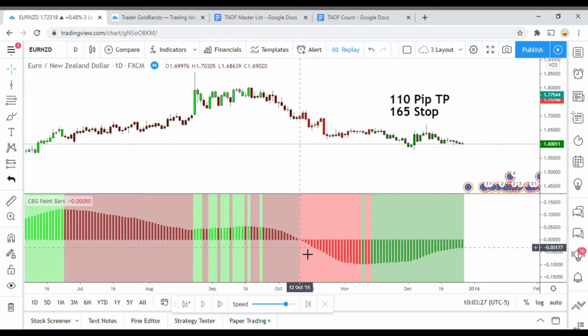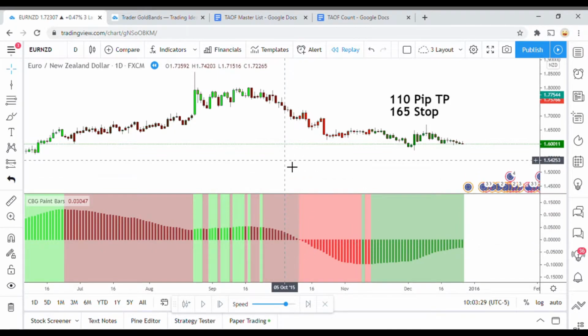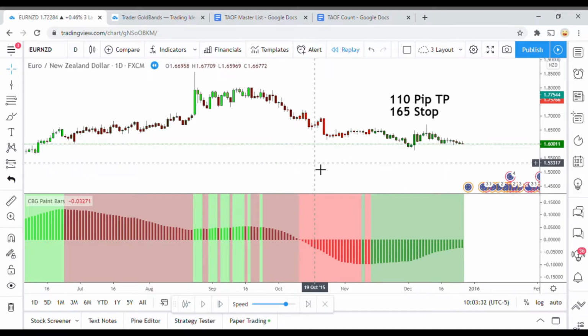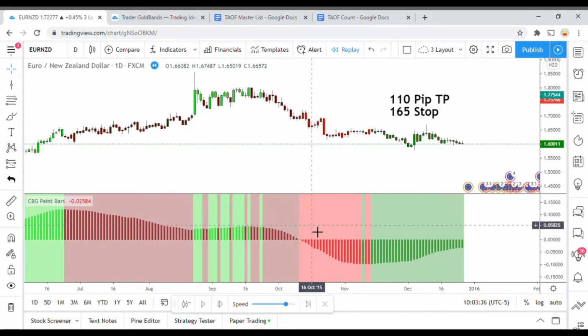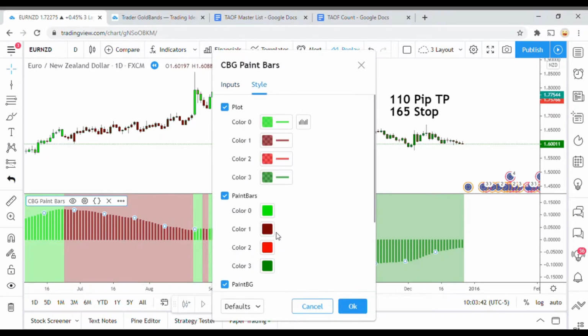And we'll have a few different entries. I guess really what we're ultimately looking for is the lighter red and the lighter green. We're not really looking for anything beyond that.